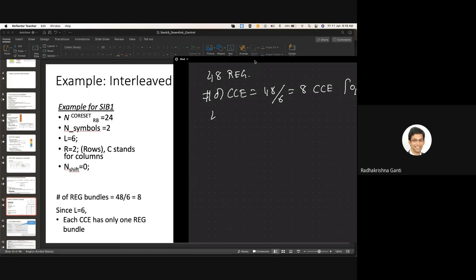We have L equal to 6, so the number of REGs per REG bundle is equal to 6.